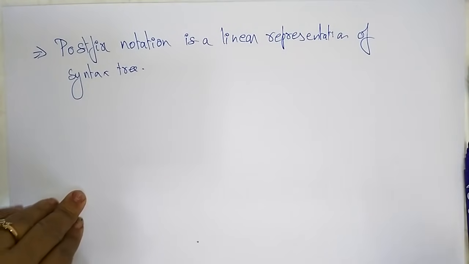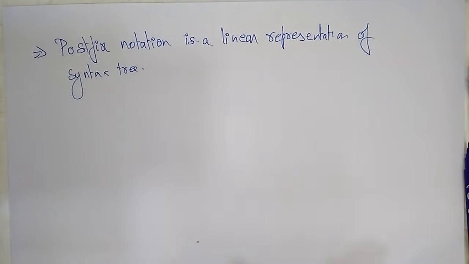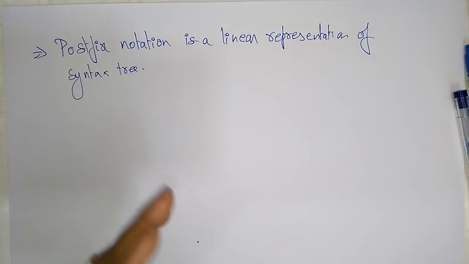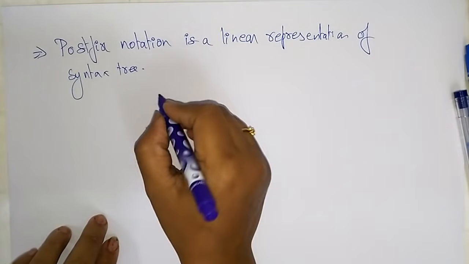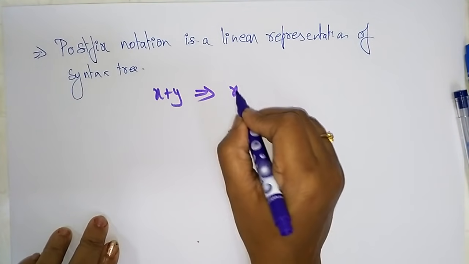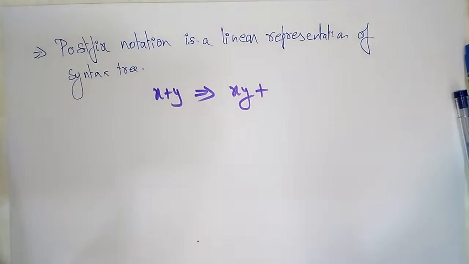In this notation, any expression can be written unambiguously, that is, without the parenthesis. So let's see the example again. If you take x plus y, it can be represented as xy plus. So that is postfix. We are just placing the operator post.